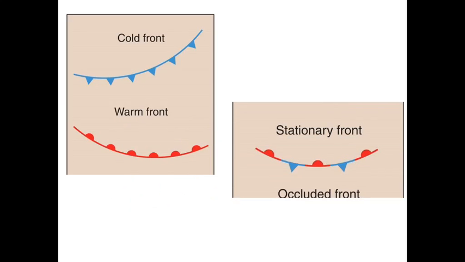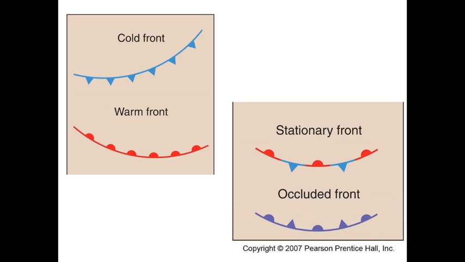Stationary front. So like I said, you can tell which side the different air masses are on if you look at the side the semicircles are on and the side the triangles are on. So for instance, the semicircle on that side means that you have warm air over here, and the triangles on this side meaning you have cool air.